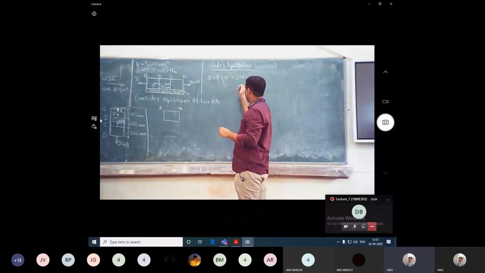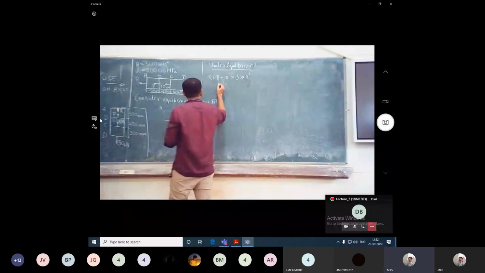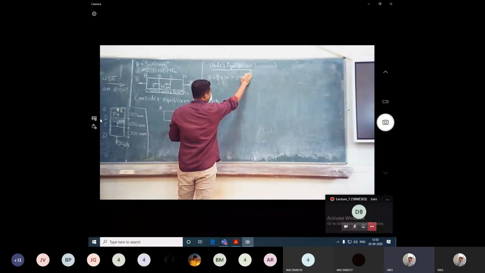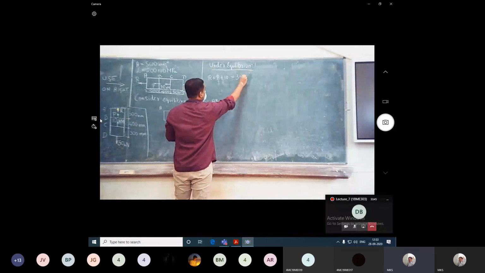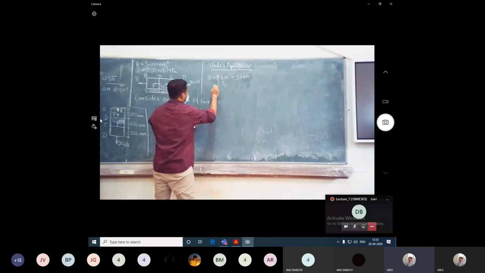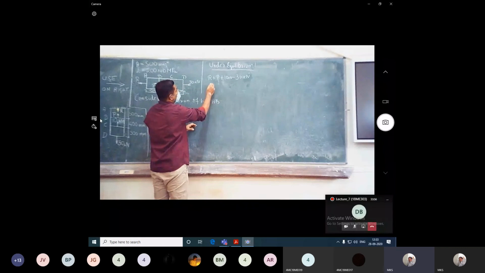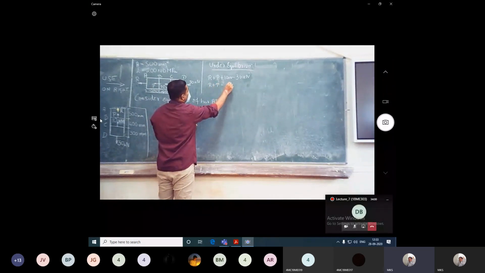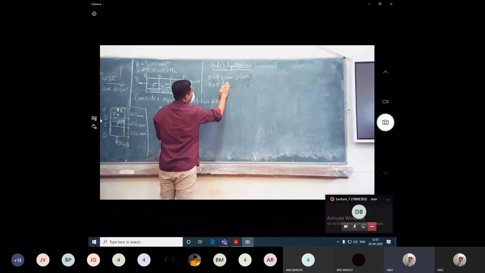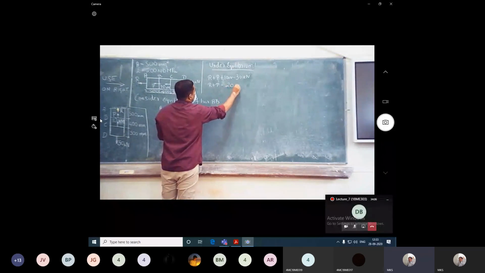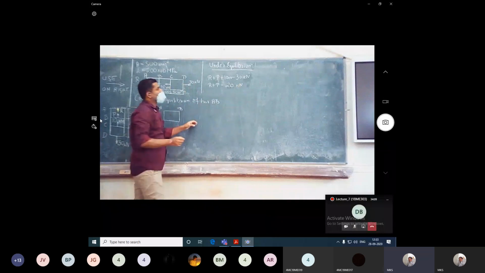So now you just reduce this. We can take it in kilonewton only, and afterwards you can take 10 power 3. So 10 kilonewton, and that is equal to 30. So what is R plus P? R plus P is equal to 30 minus 10, that is 20 kilonewton.